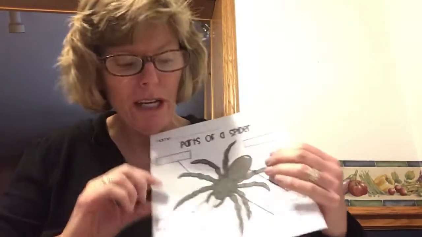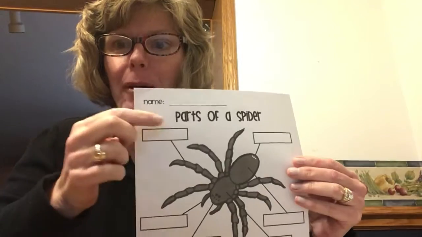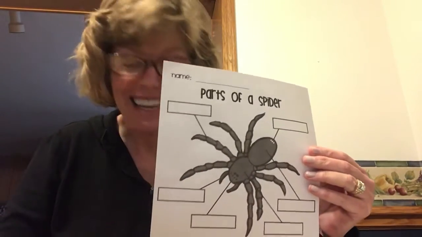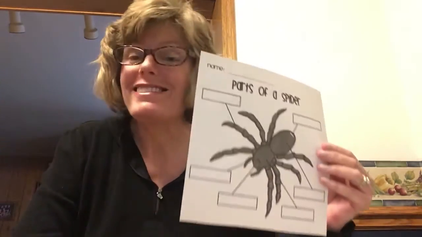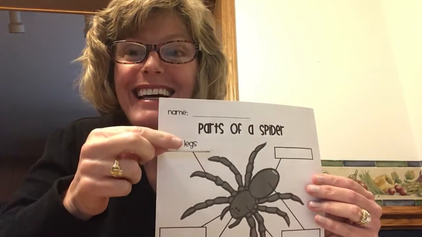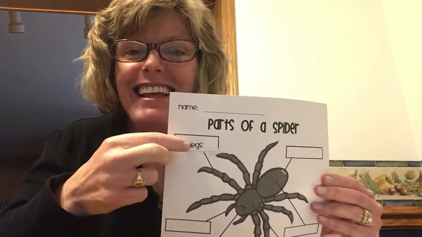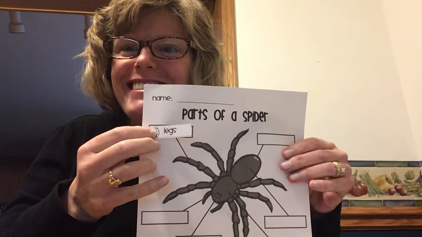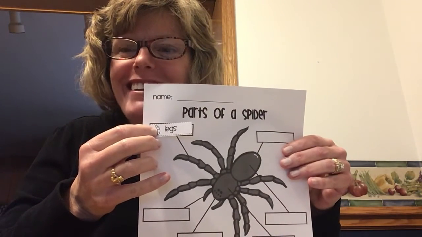Okay, let's look at our first part. How about this? What is this here? Leg. I'm going to look for the picture that starts with the L for leg. There it is. Legs. And I can see I drew a little leg on there. Legs. Can you glue that on there?